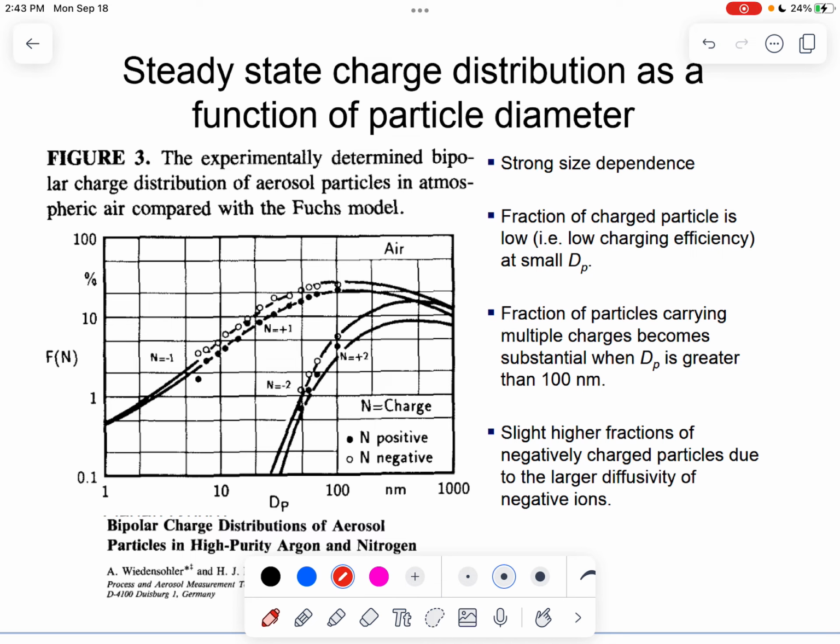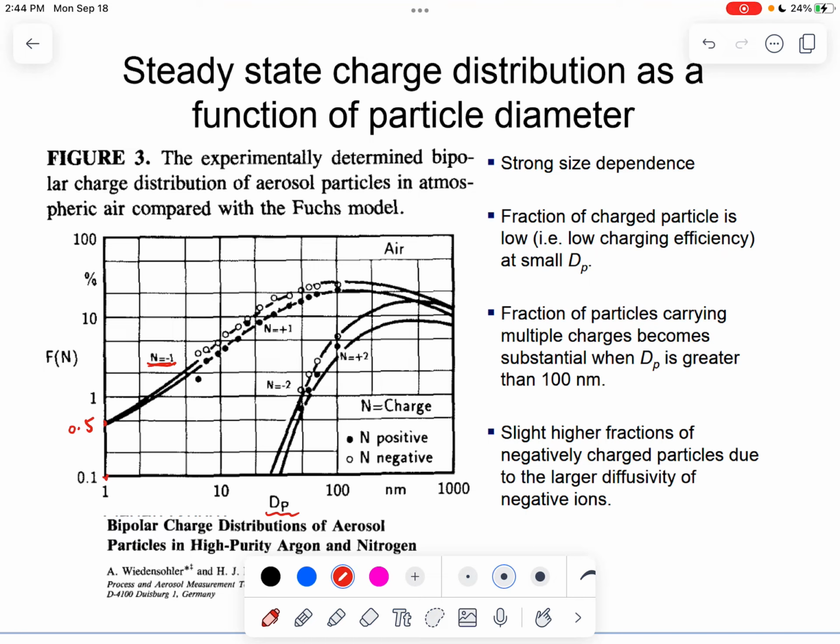Okay, so this is what the charge distribution looks like for a bipolar charging process. You can see that it is indeed a strong function of the particle size. When the particle size is very small, let's say carrying -1 charge, the fraction of particles with a size of 1 nanometer only has a probability of, I think, 0.5.